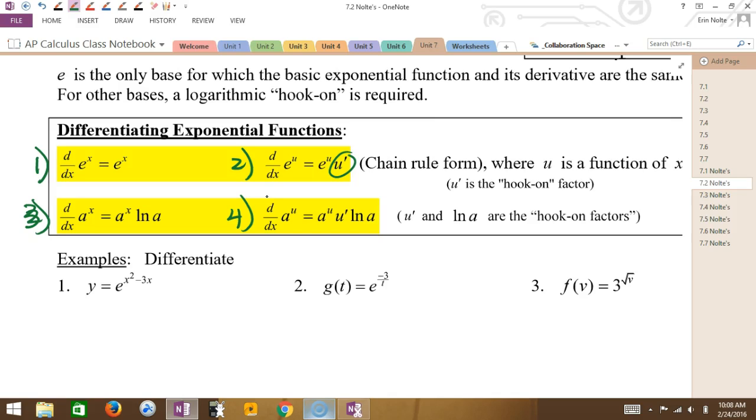Which technically the number 1 does, because if you multiply by a natural log of e, what's a natural log of e? It's 1, yeah. So that's why they don't write it. It's because it's 1. Since math is the let's do everything really quickly idea, we just don't write it.